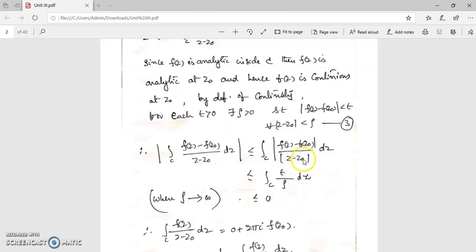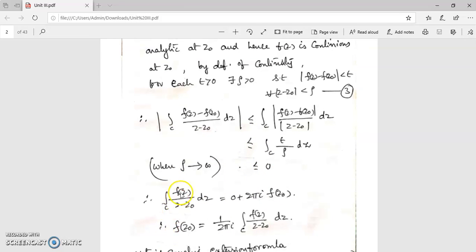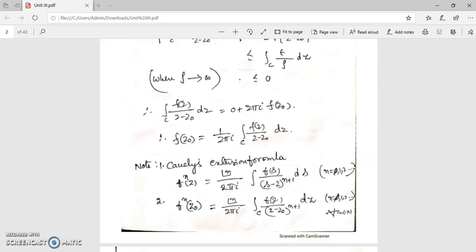Since the modulus of e power i theta is equal to 1, as delta tends to 0 this becomes 0. Therefore, this integration with modulus tends to 0. Therefore, the integration of f(z) by (z minus z0) dz is equal to 2 pi i into f of z0.